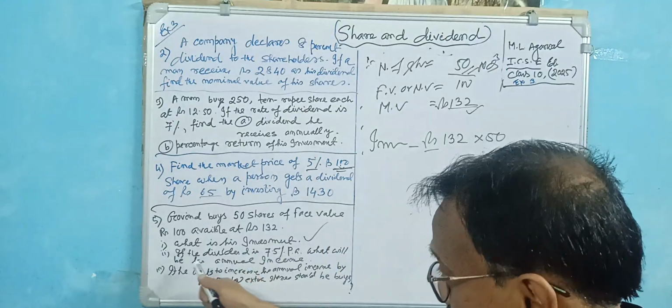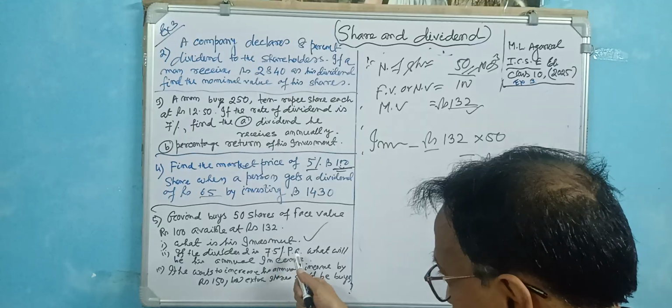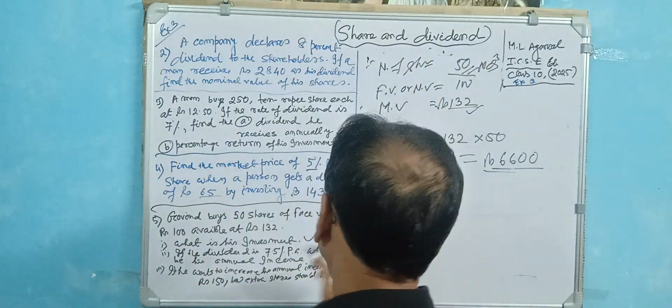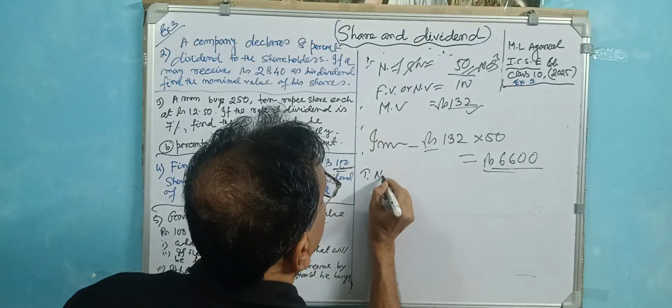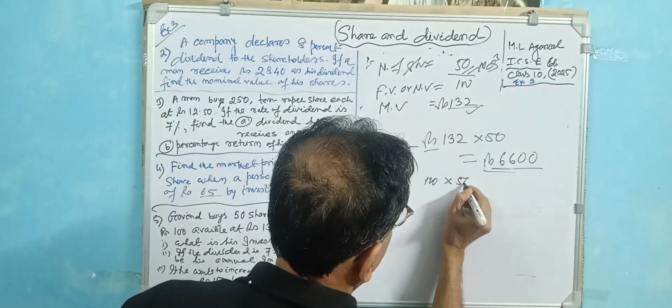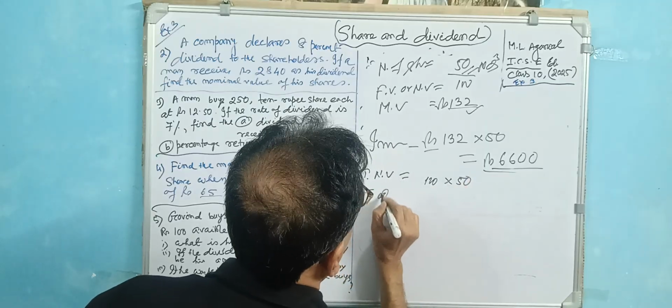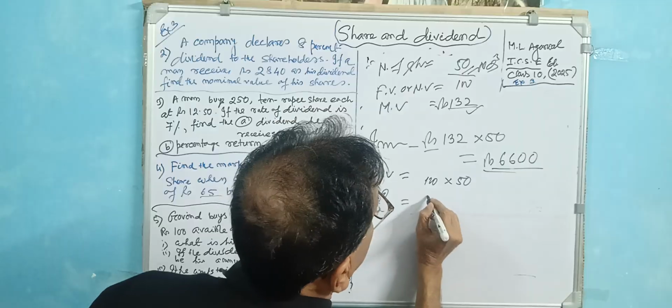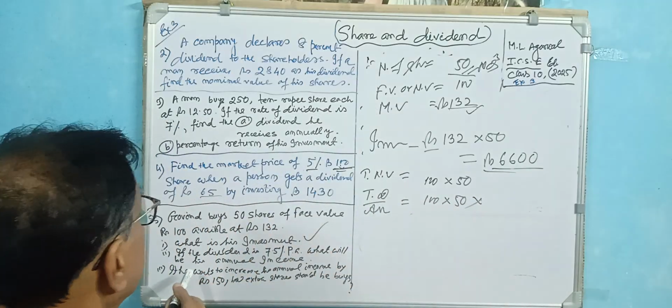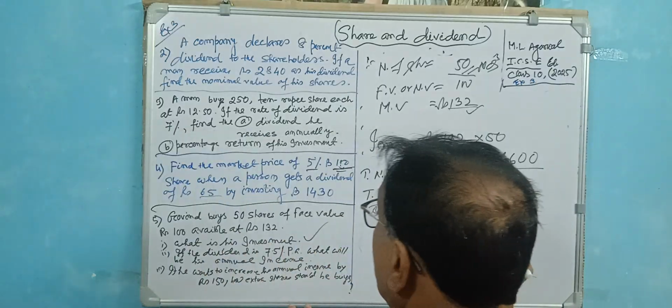If the dividend is 7.5 percent per annum, what will be the annual income? Dividend is calculated on the total nominal value. What is the total nominal value? Total NV, this is 100, this is 50. Total dividend or annual dividend is, this is the total nominal value, and dividend is 7.5%.